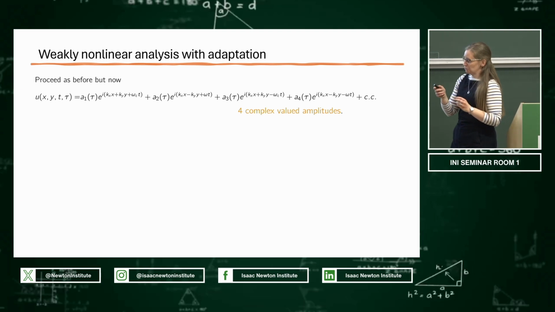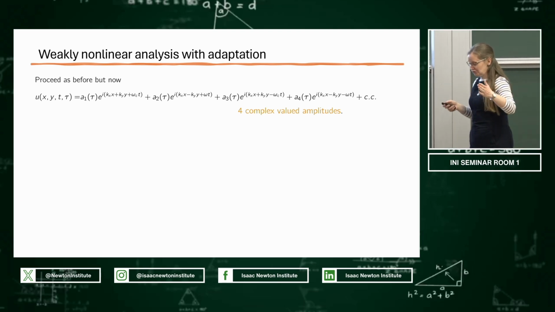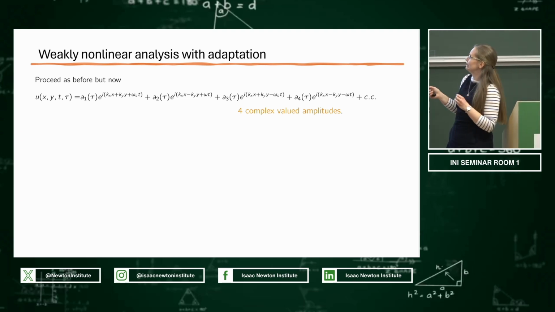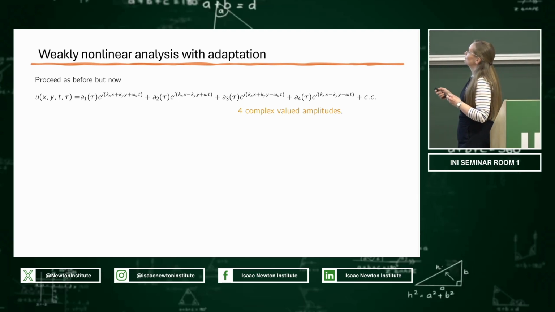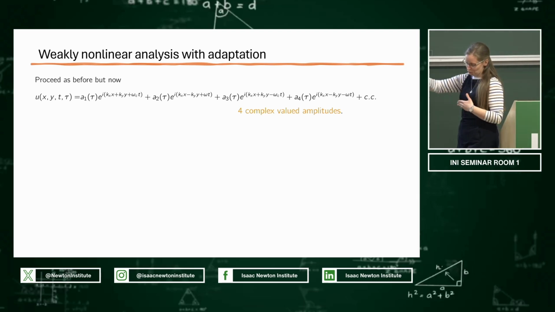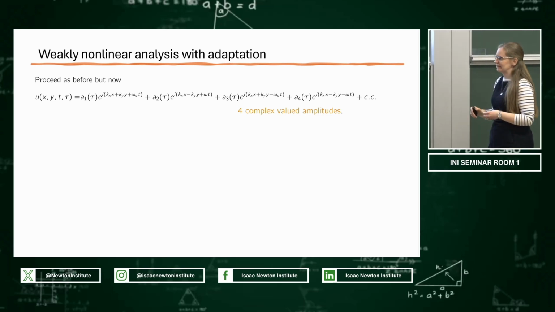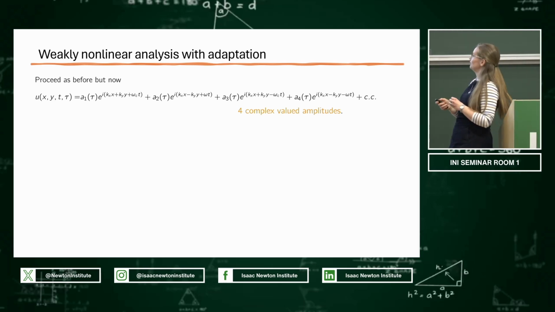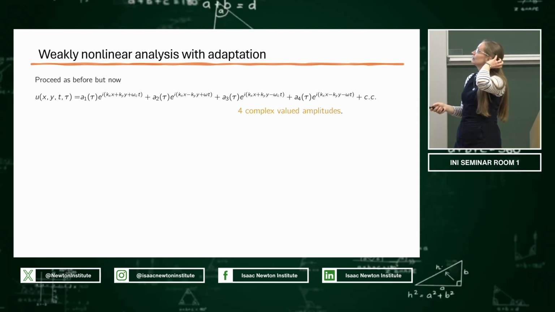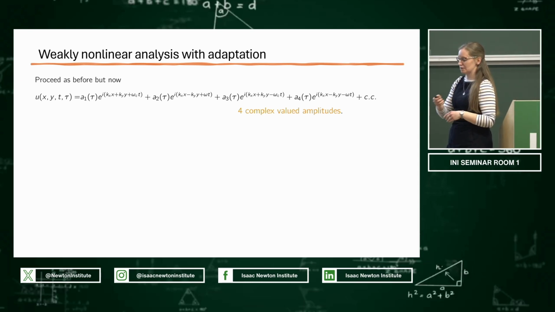Now if we wanted to continue in two spatial dimensions as well, everything's going to get a bit complicated, because we're going to have four complex amplitude equations, and that's a bit hard to analyze. So what we do is we're only looking to demonstrate that we can get this movement out.